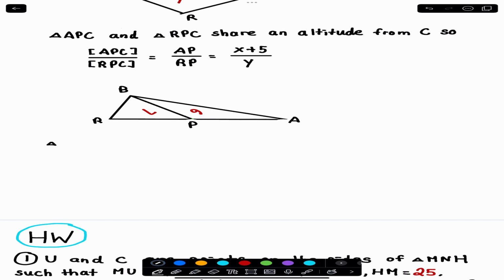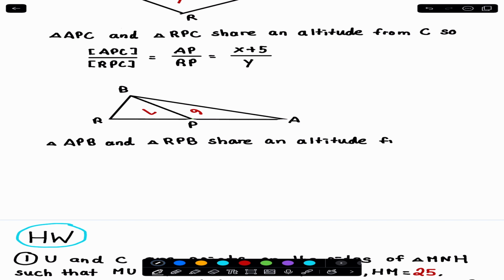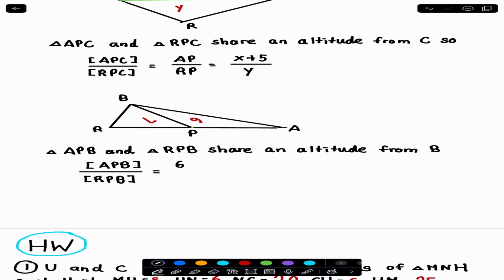So now, triangles APB and RPB share an altitude from point B. So if we were to compare them, the area of triangle APB is 6, RPB is 7.